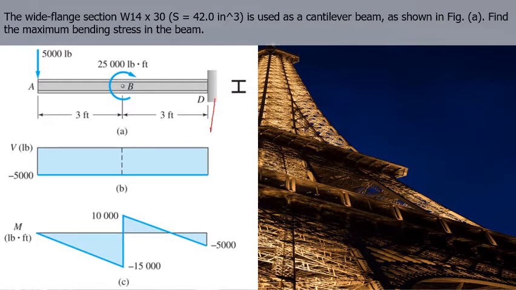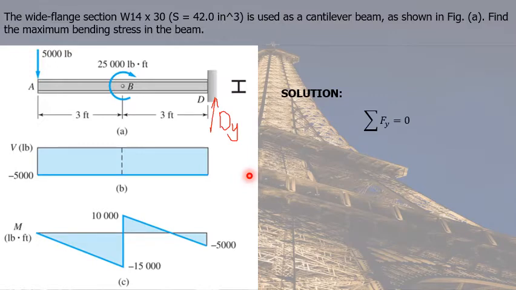So there will be a vertical reaction at D. Let's name it Dy, which acts upwards to balance the downward external force, 5,000 pounds. And the magnitude of Dy is equal to 5,000 pounds, which we get by summation Fy equal to 0.